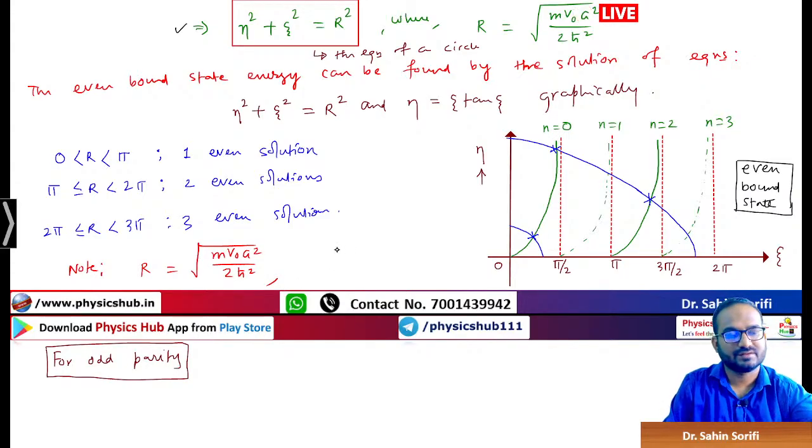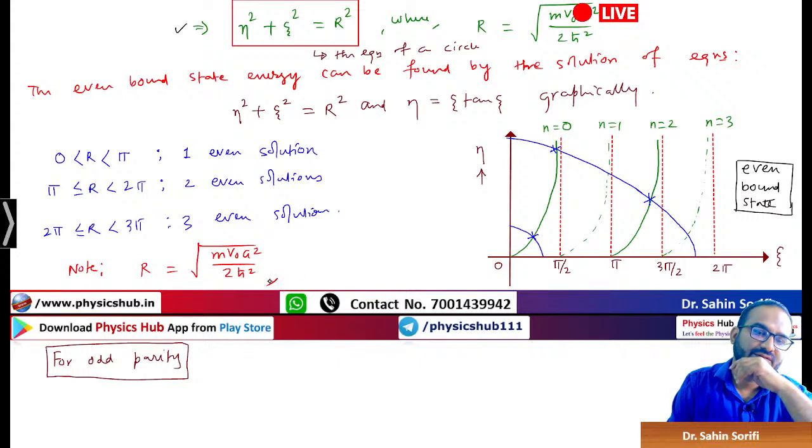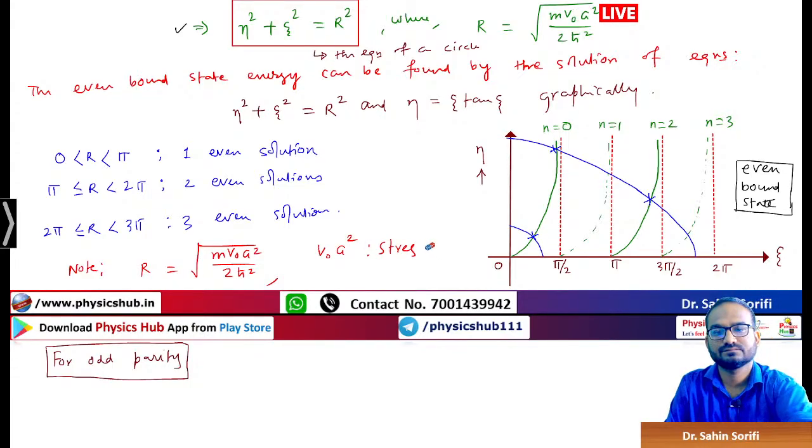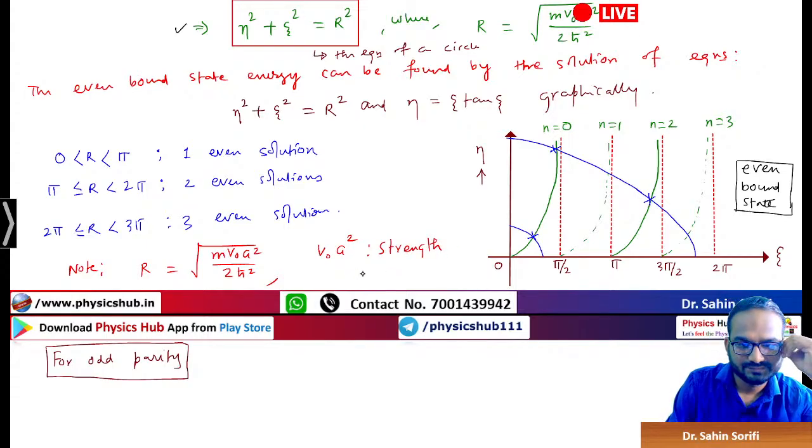This m v naught a square by 2 h square root gives you R. Here this v naught a square is known as the strength of the potential.